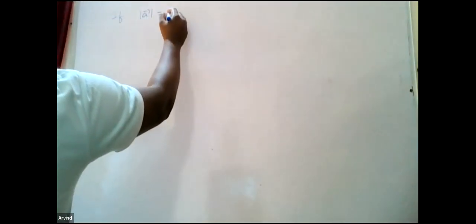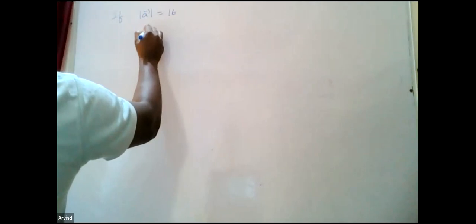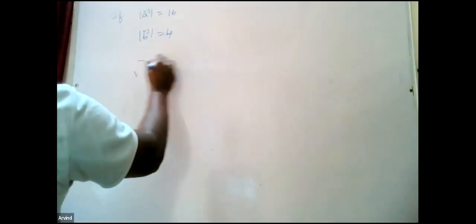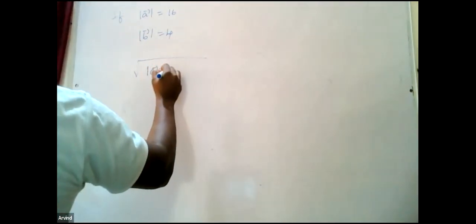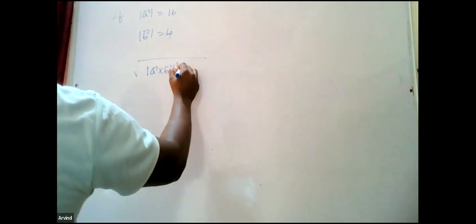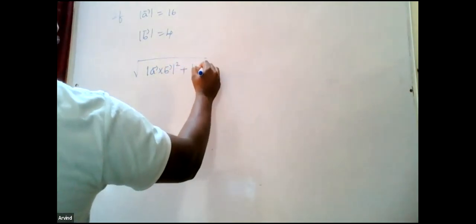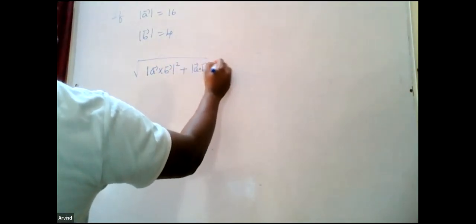If mod A is equal to 16, mod B is equal to 4, then what is the value of root of mod A cross B the whole square plus A dot B the whole square?